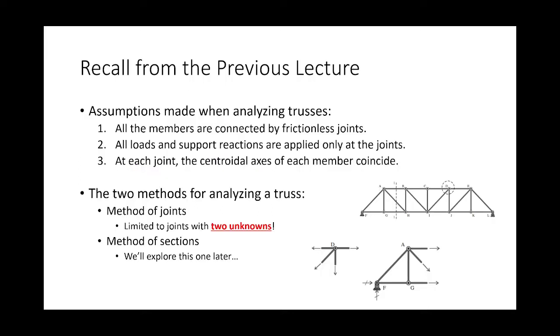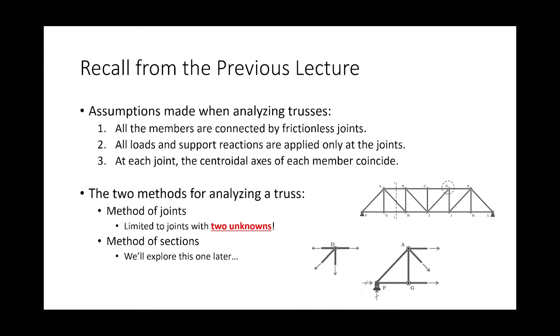Okay, let's go back to the previous lecture. There's something I want to focus on, and it's the number 2. Like, how do you have a whole lecture dedicated to the number 2? I don't, but you'll see what I'm talking about in a second. So let's go back to our assumptions. When we solve a truss, we make the following 3 assumptions. All of the members are connected by frictionless joints. The loads are applied at the joints, and all the centroids coincide.